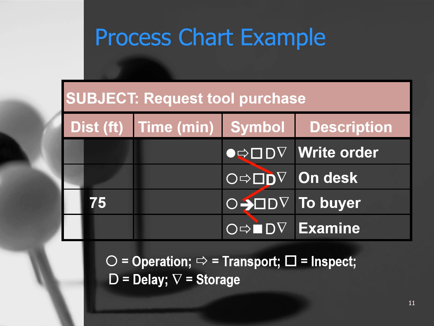The inspection symbol is to verify data or check an object. The delay symbol is for a situation that causes the next step in the process to be delayed. And lastly, the fifth symbol, storage, is for storing or protecting an object.